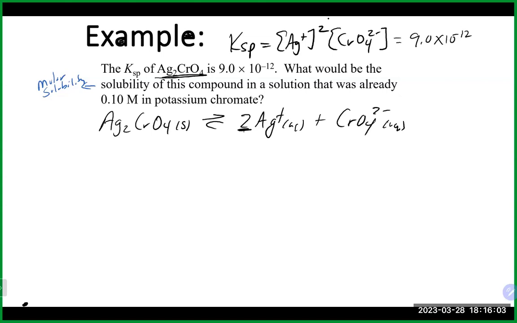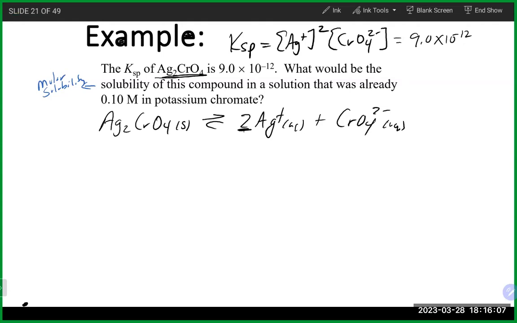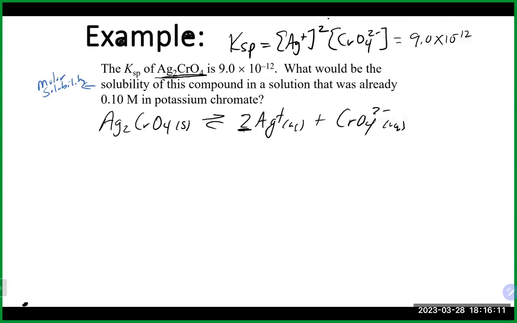The potassium chromate is going to break apart because it's a salt and a strong electrolyte. And again, potassium is soluble in everything. That's going to be K2CrO4. We'll break apart into a couple potassiums and a chromate here.